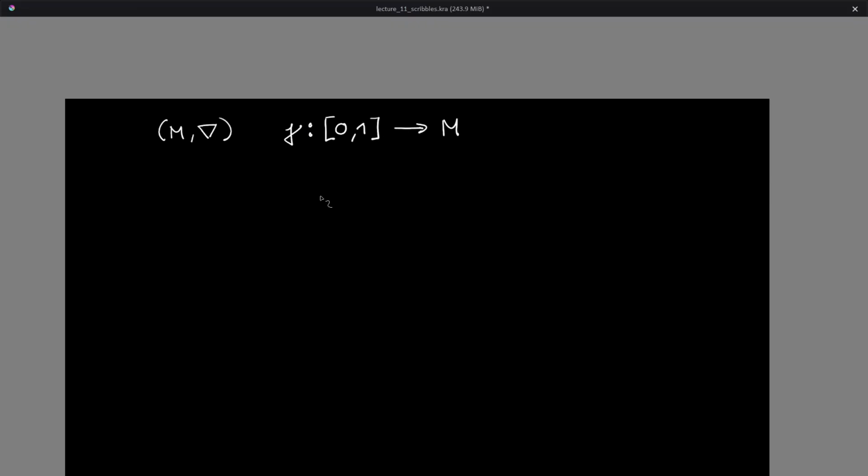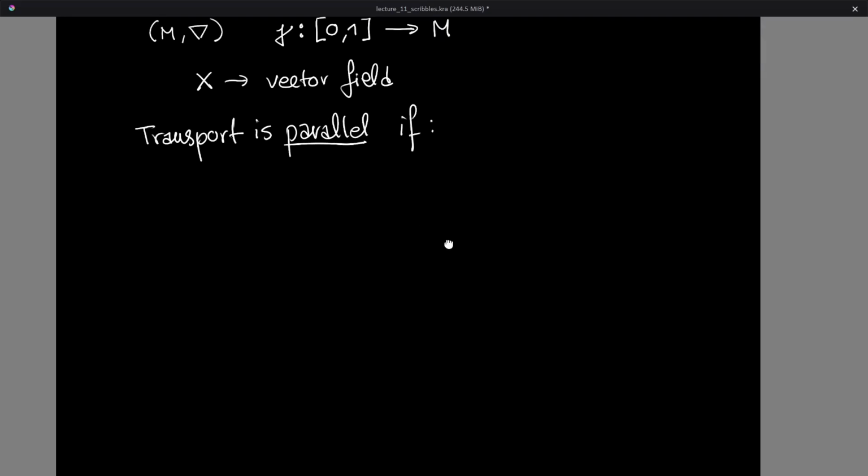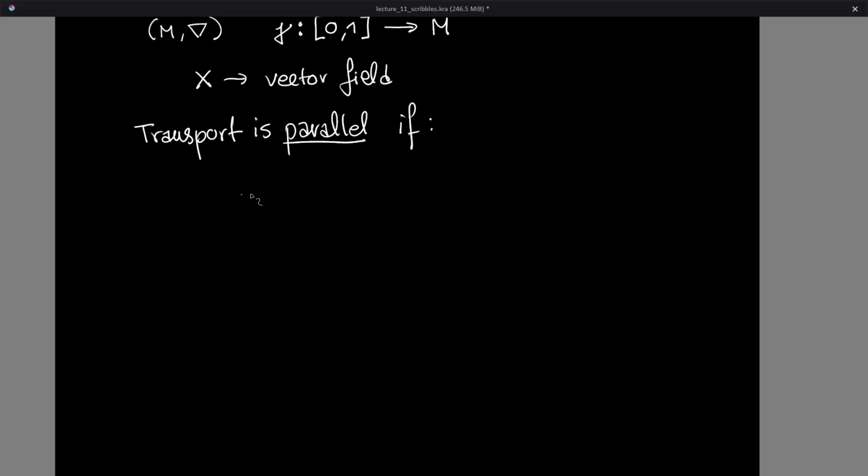And then we say that this transport is parallel if X is our vector field. So transport is parallel if, and I think maybe you could guess now what it would be, nabla of gamma dot of X has to equal 0, for all t element of 0 to 1, that's the input to the curve.